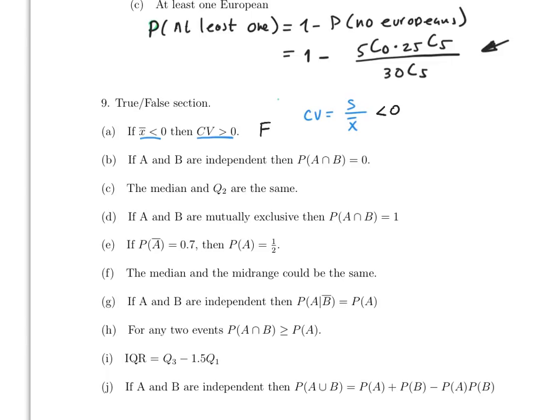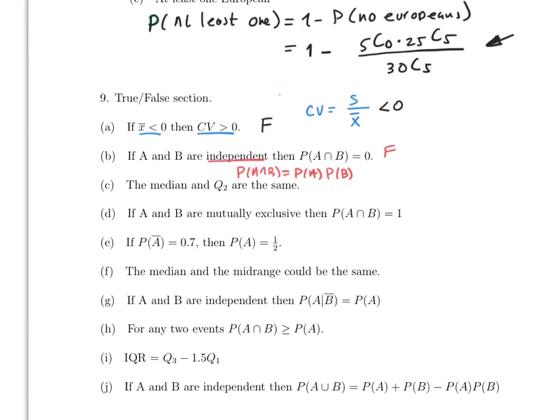Part B says if A and B are independent, then the probability of A and B is equal to 0. This is false because remember, independent means the probability of A and B is the probability of A times the probability of B. If the probability of A and B is equal to 0, it means they are mutually exclusive, not independent.